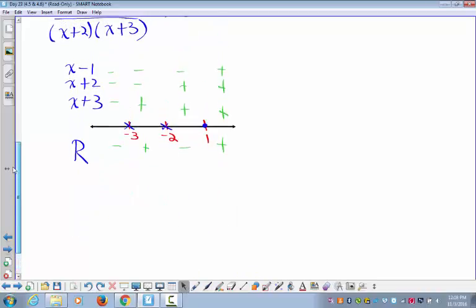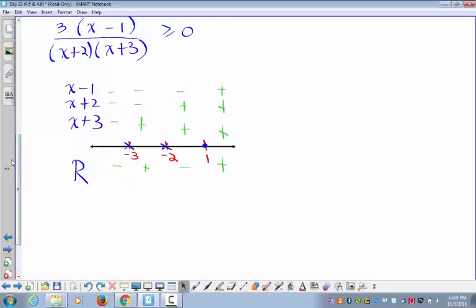So let's look at what we're asked. We want positive or 0, greater than or equal to 0, compound inequality. So the first positive interval here is negative 3 to negative 2. If it was a polynomial inequality, we would automatically just include the endpoints. But this is a rational inequality, so we have to check.